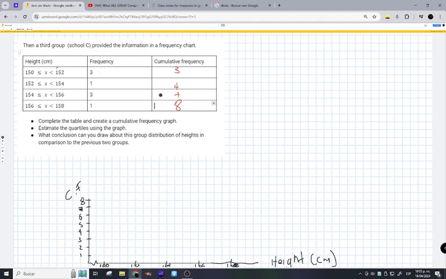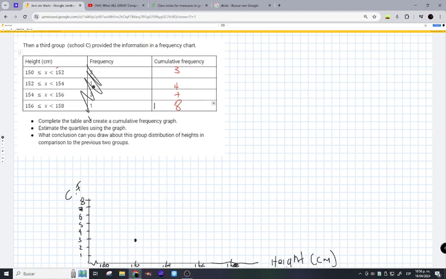Okay, again, now, cumulative frequency, don't use this. This is for the histogram, the one with bars. This is not the one with bars. This is the cumulative frequency graph. It's a curve. From 150 to 152, so far we have 3 people. So on the 152, the top boundary, we have to put the point for 3.